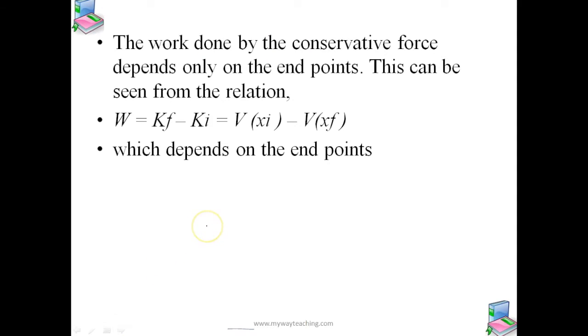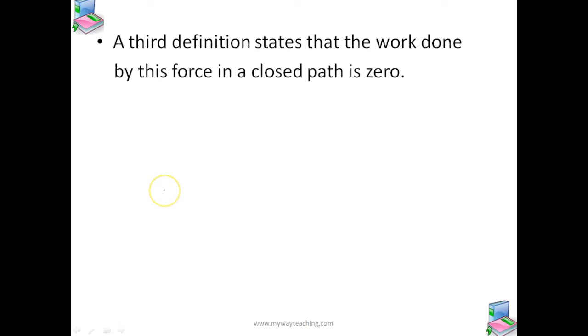The second definition: the work done by a conservative force depends only on the endpoints. So W is equal to Kf minus Ki, which is equal to V of xi minus V of xf. It depends only on the endpoints, not on the intermediate points. The third definition: the work done by this force in a closed path is zero.